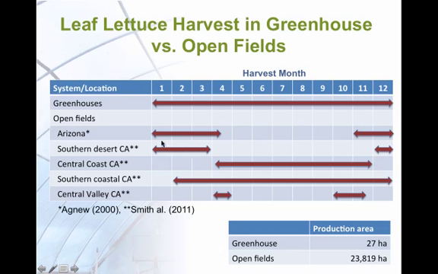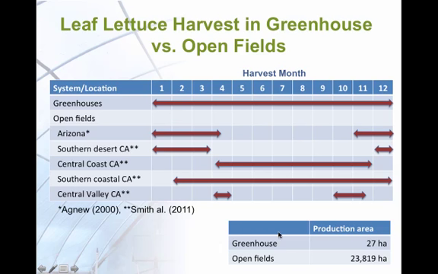For example, in Arizona and southern desert California, production is pretty much toward mid-winter and the beginning of the winter. On the other hand, in Central Coast California, production is spring, summer, and fall. But by combining those multiple production areas, shippers or growers can produce and ship lettuce throughout the year. But if you are a greenhouse, you can produce lettuce year round.